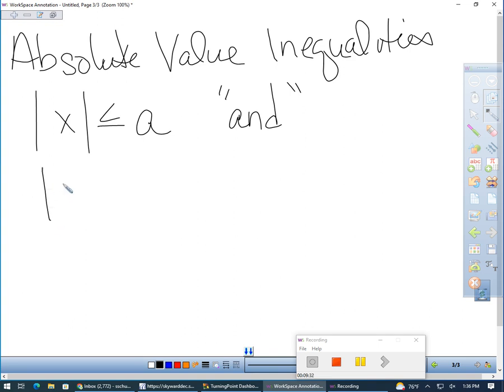If I have the absolute value of x and it's greater than or equal to a number, that is an or problem. So you will know, looking at the problem at the very beginning, when you first get the absolute value by itself, what type of compound inequality it's going to make, right? Okay.